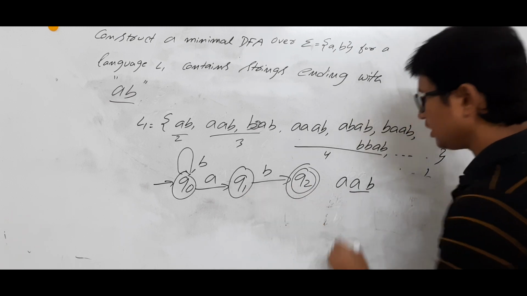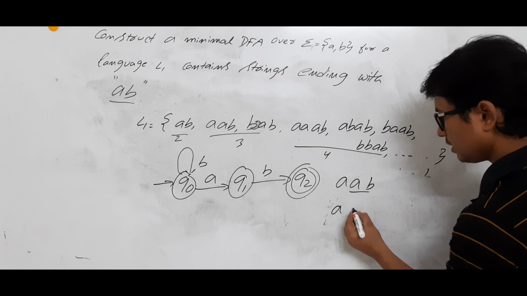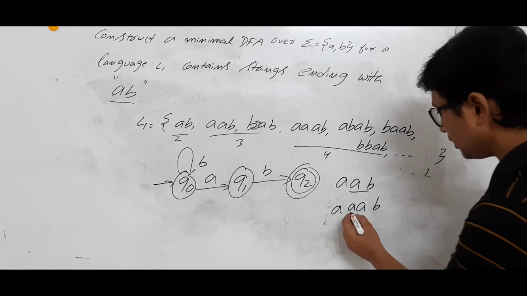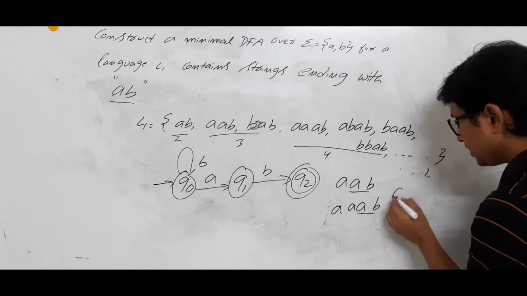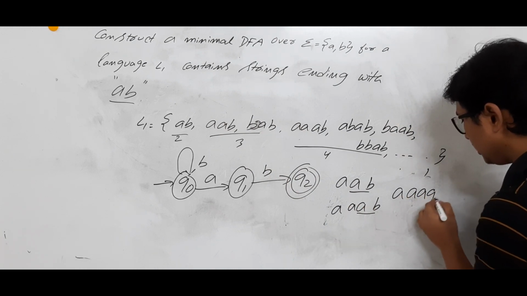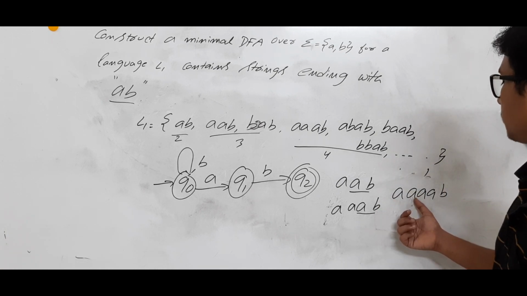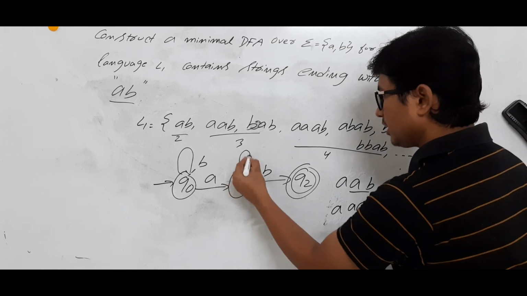It is ending with AB, so it should be accepted. Now A, A, B. Should it be accepted? Yes, it belongs to language L1 because it is ending with AB. If it is 3 A's then B, should it be accepted? It should be accepted because it is ending with AB. So I will keep A here.